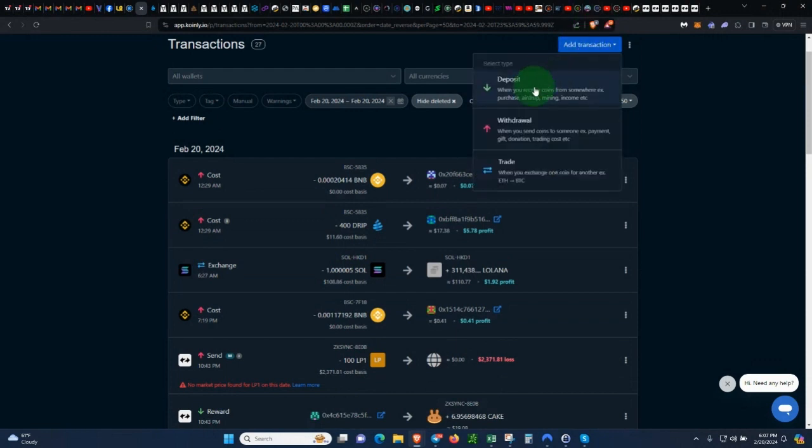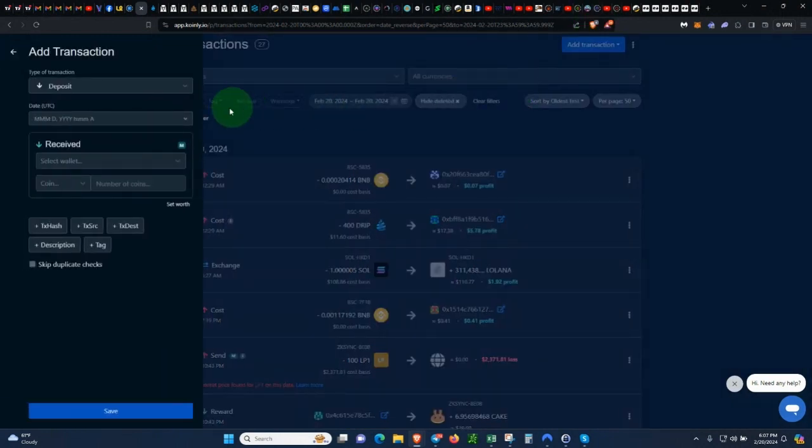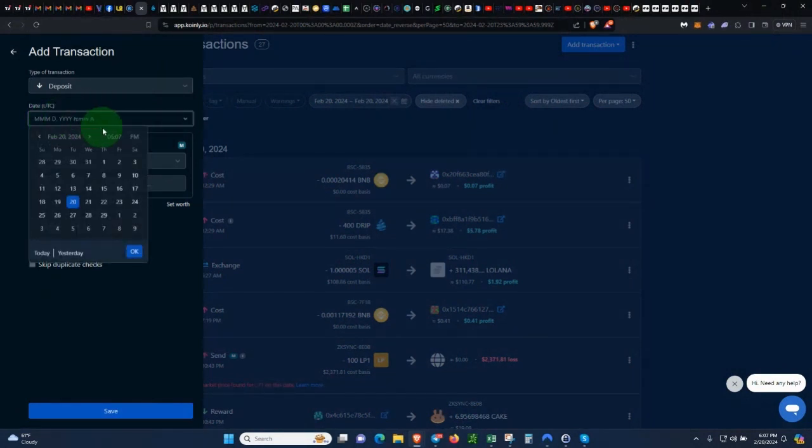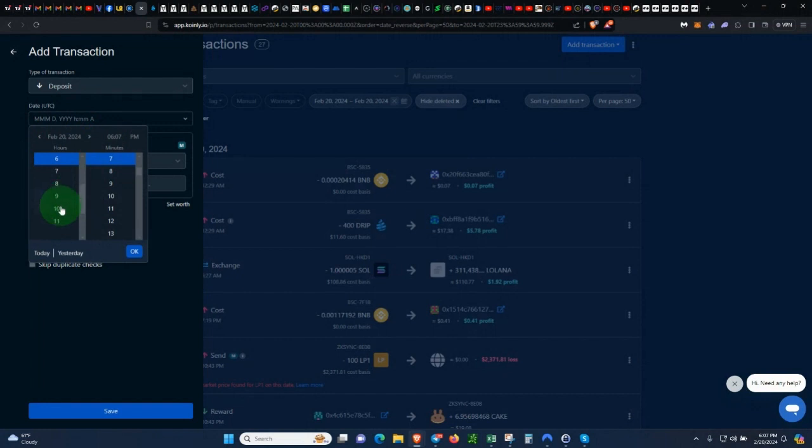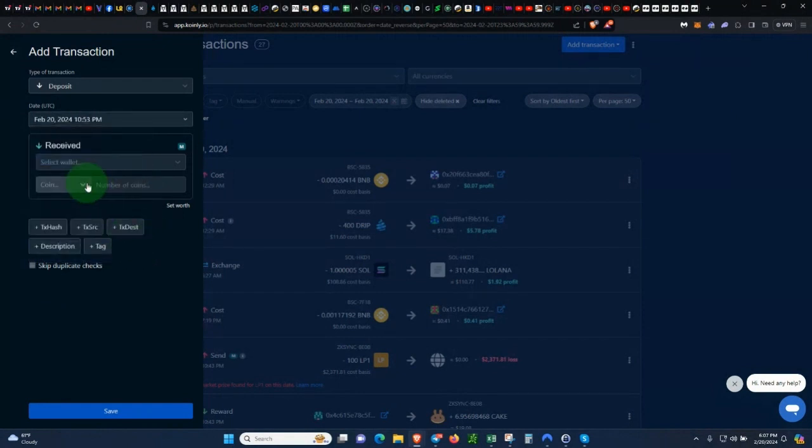Now I need to add the deposit for when I receive these fictitious LP tokens, when I put the liquidity back into the pool.